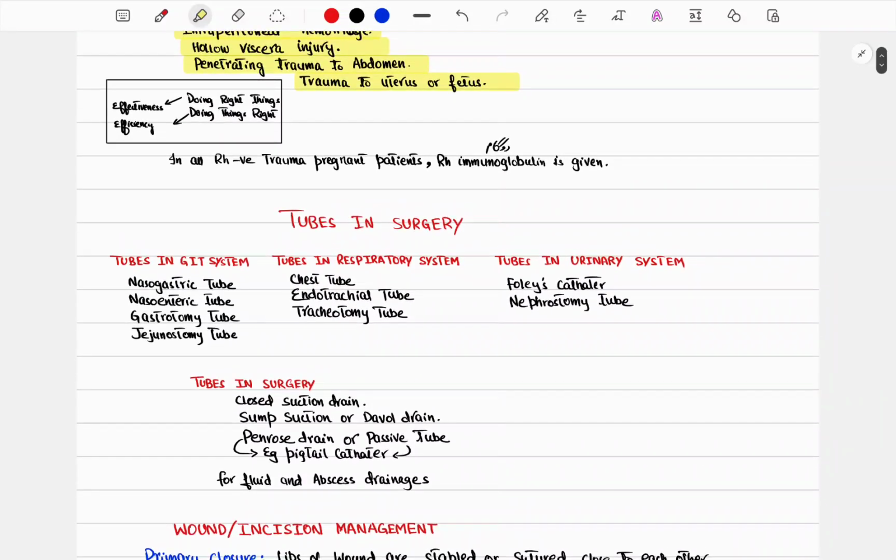And in all pregnant ladies who underwent some trauma, if they are RH factor negative, RH immunoglobulin should be given.